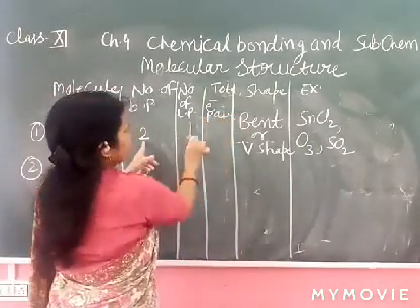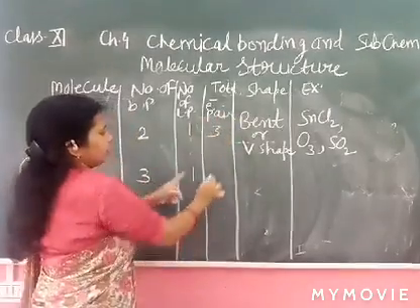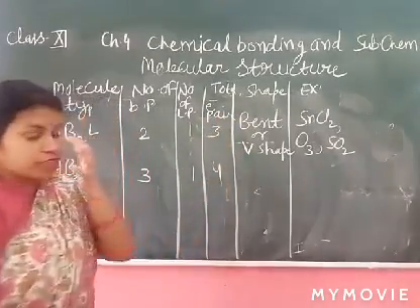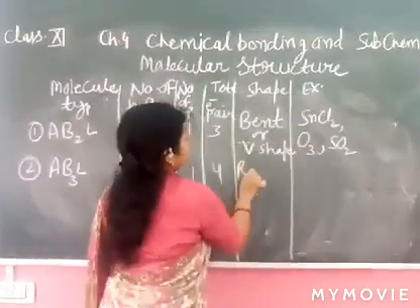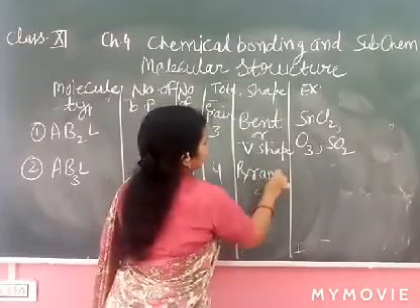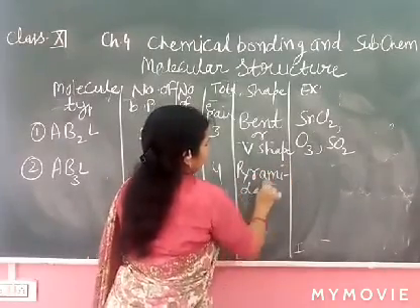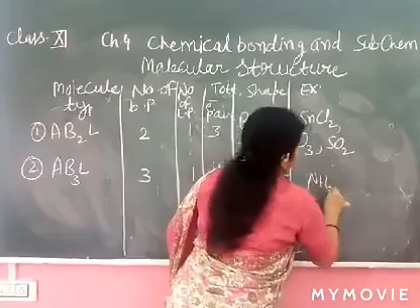So how many? 3 and 1 make 4. What is the shape now? Pyramidal. An example is ammonia.